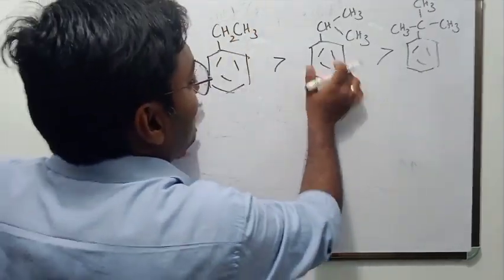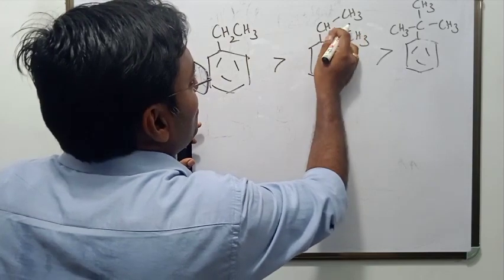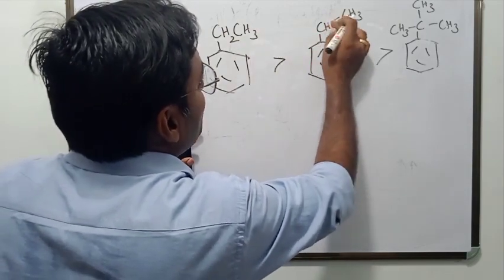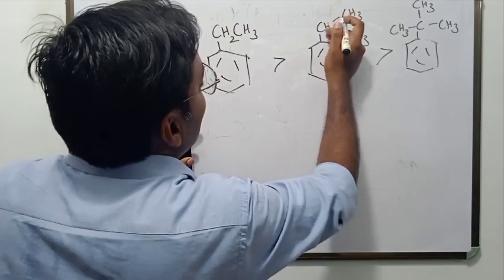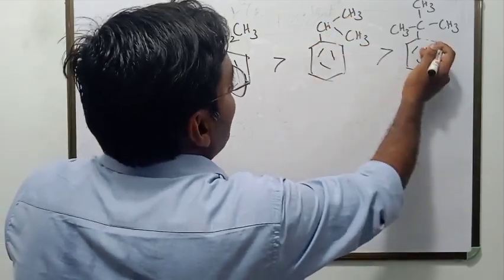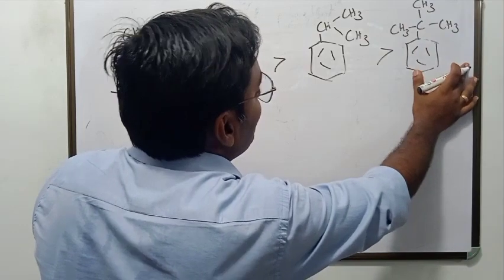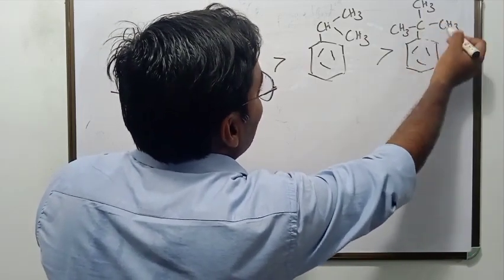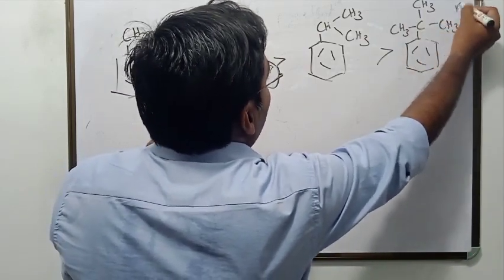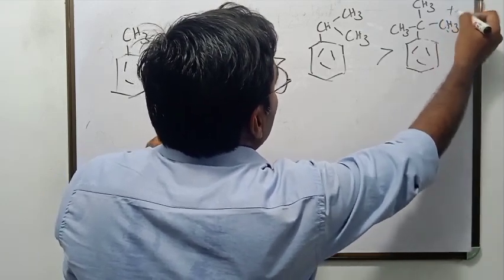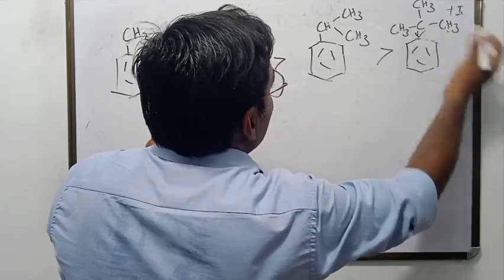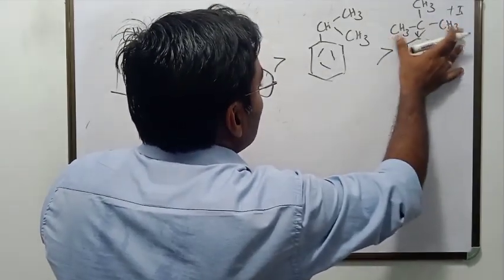Here there is only 1 alpha hydrogen atom, so the contribution of hyperconjugation towards the electron density of benzene is more reduced. Here there is no hyperconjugative effect because there is no alpha hydrogen atom. So there is only the plus I effect, the pumping effect, that is in play.